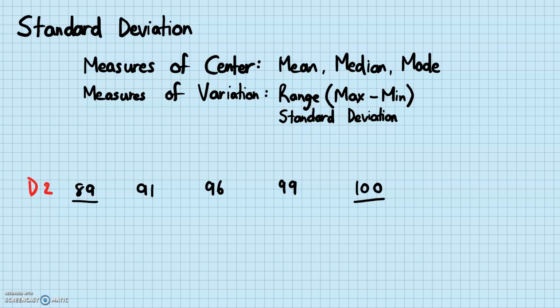So instead of just finding the range, which is the maximum minus the minimum, we find the mean deviation.